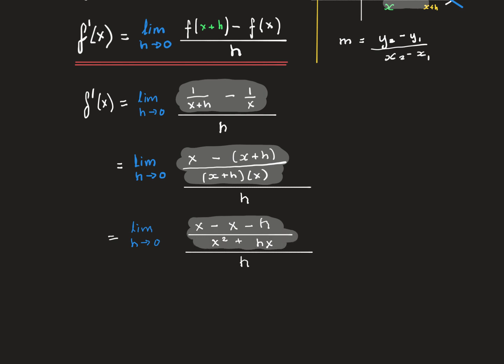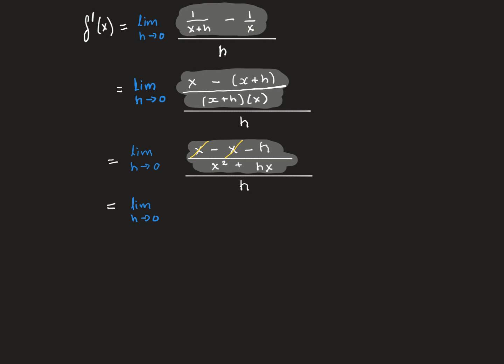Is that any better? Well, I think it could be better because I'm going to delete this x and that x away. If I rewrite this again, I will have negative h over x squared plus hx. Now the h in the denominator, because it's divided by h, I am going to multiply it by 1 over h.